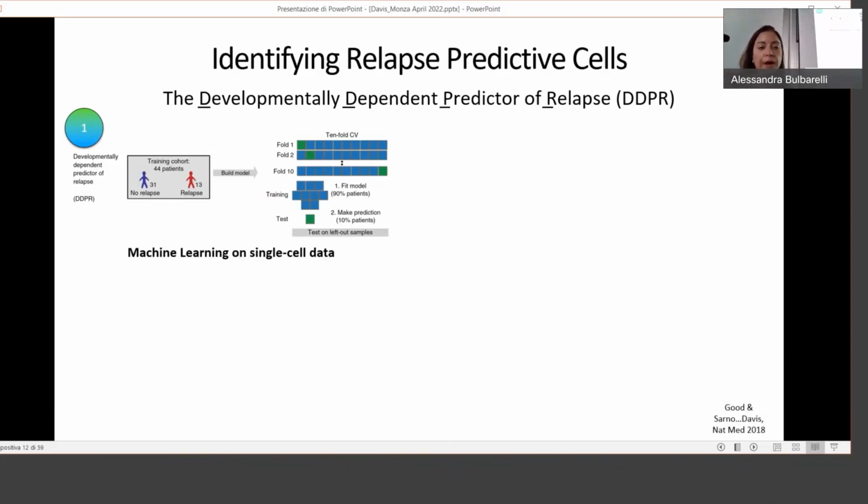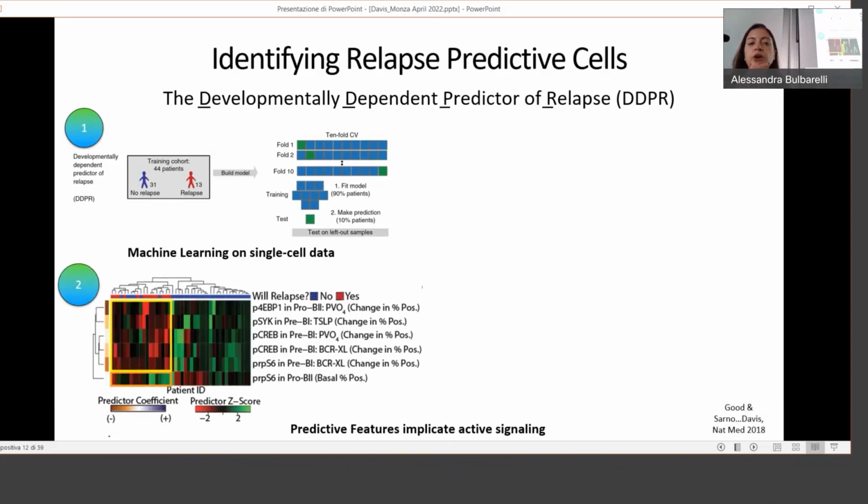And so that model, which we developed and called the developmentally dependent predictor of relapse, or DEEPER, basically identified 6 signaling features in cells that were transitioning between late pro-B cells and early pre-B cells, and that the relapse associated cells, or the cases, the patients that were going to relapse, had activation of these signaling molecules in these populations of cells in their diagnostic sample.